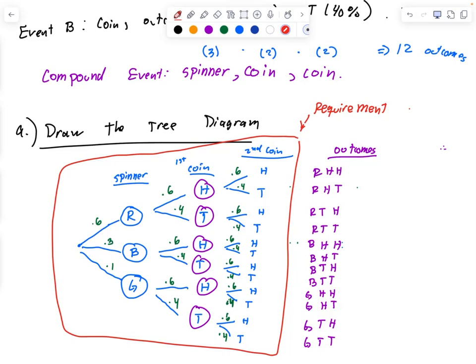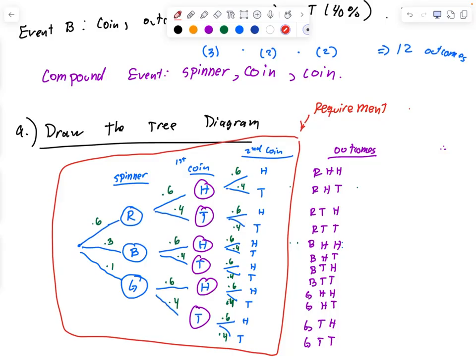So to find the first one, how do we find the probability here? It's 0.6 times 0.6 times 0.6, which gives me 0.216, or 21.6%. But 0.216 is the answer.